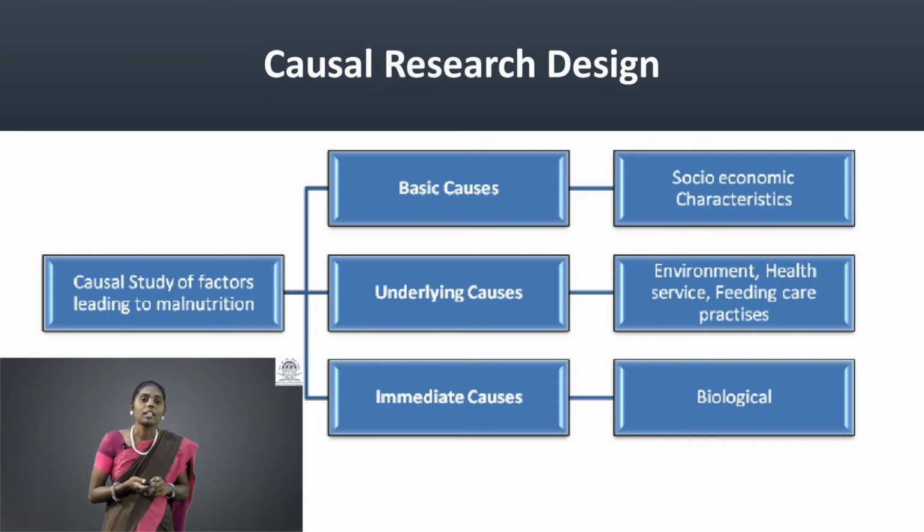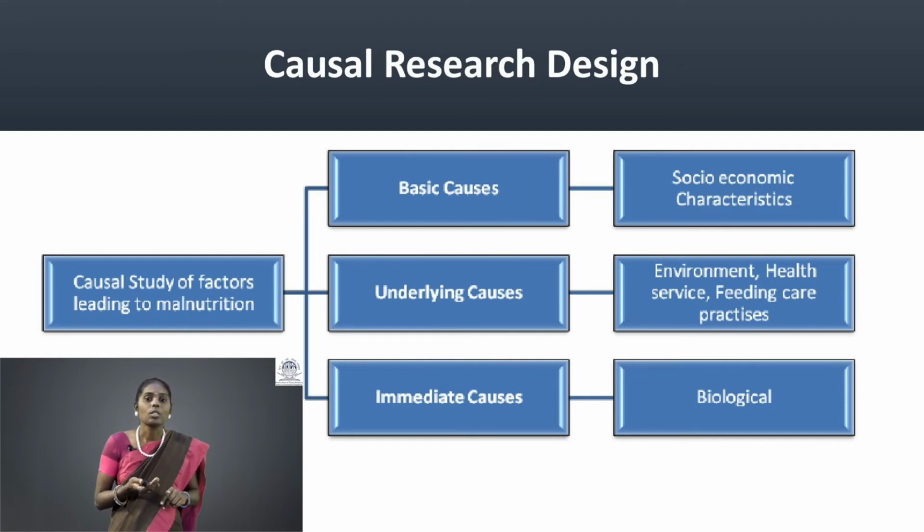So that's the study, and what are the basic causes relating to it, and what are the underlying causes and immediate causes. So these three things we have to identify: basic causes, underlying causes and immediate causes.